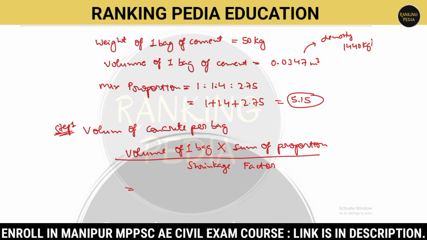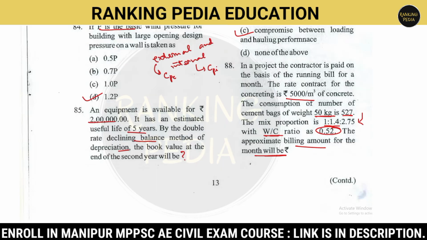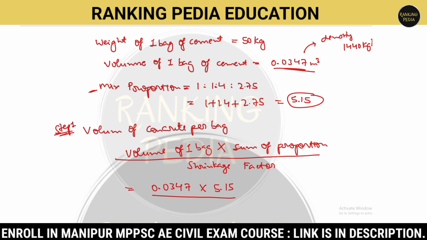Here the volume of one bag is 0.7. The sum of proportion, or you can say the sum of mixed proportion, is given as 5 whole upon shrinkage factor. The shrinkage factor is given as 1.54.